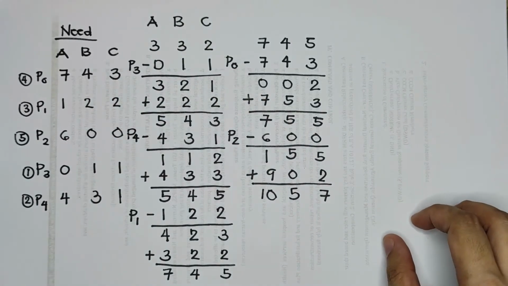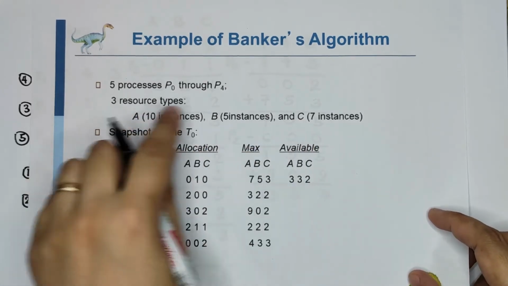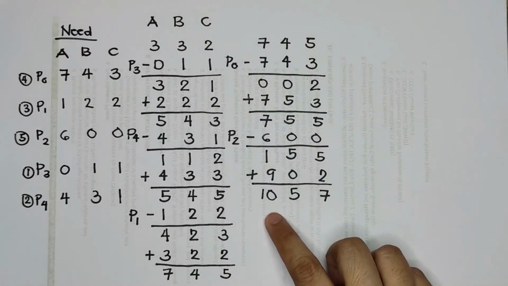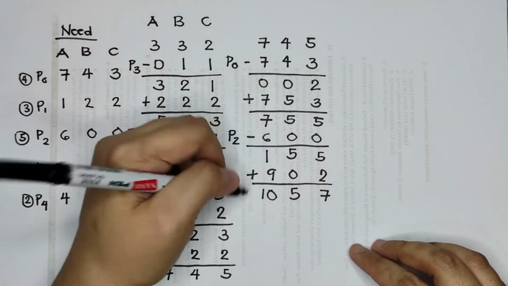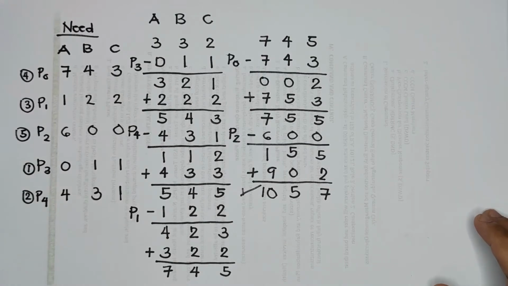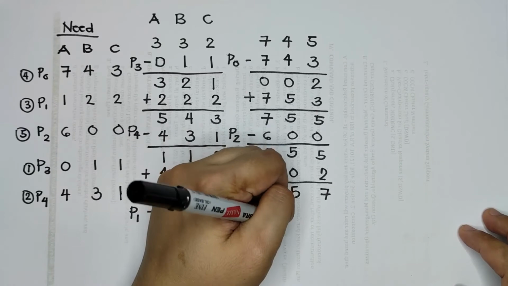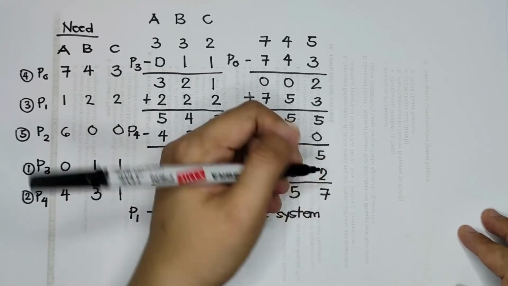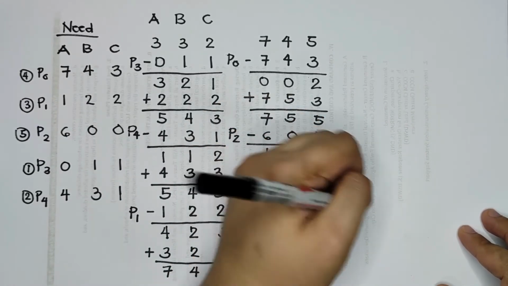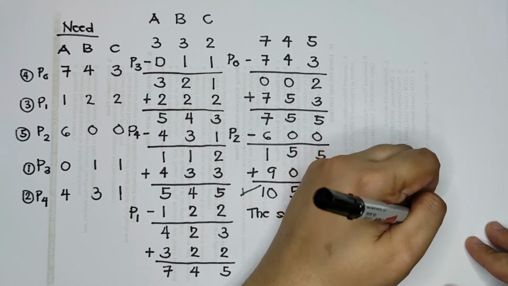Again, let's check if the maximum for A is 10, B is 5, C is 7. So, 10, 5, 7. So, let's check. 10, 5, 7. So, again, it is correct. So, again, let's conclude that the system is in a safe state.